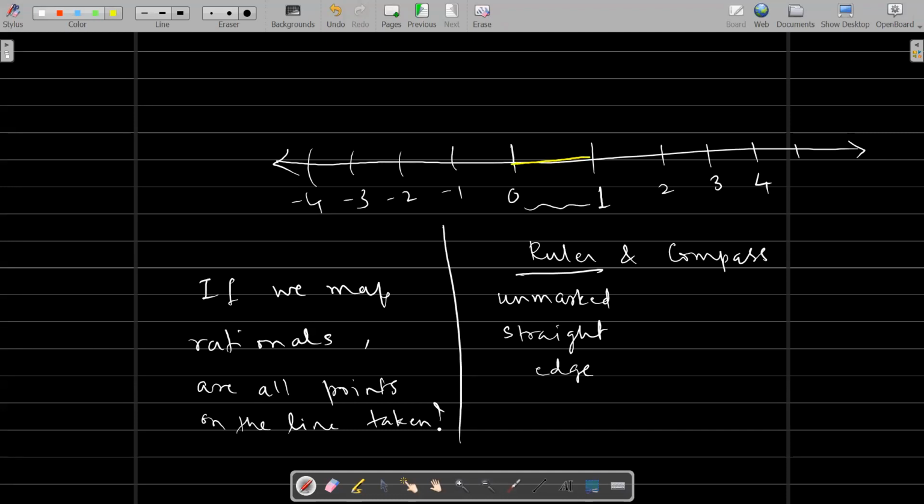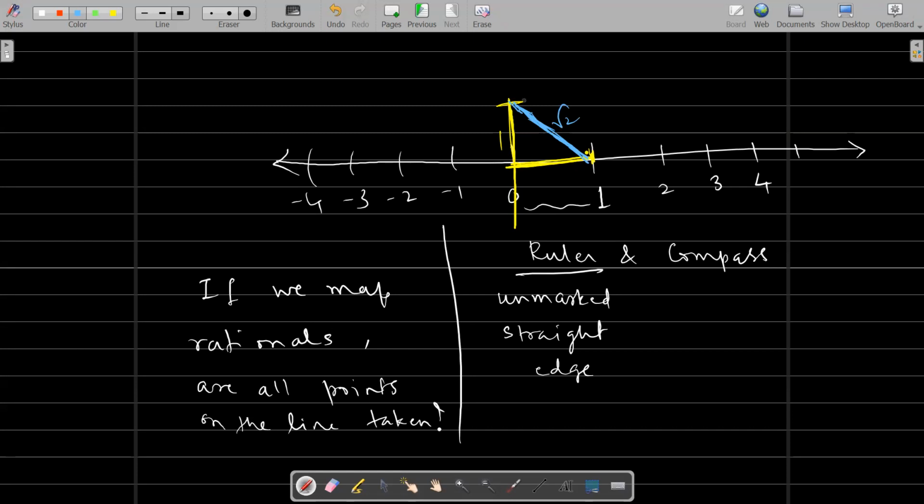I have this line which has unit distance, and I can draw a perpendicular to the given line with ruler and compass. So I'll draw a perpendicular here. I'll mark the same distance here on this line. So this is 1. And then I join these 2 points by a straight line. Just now we saw that this distance is √2, which is not rational.